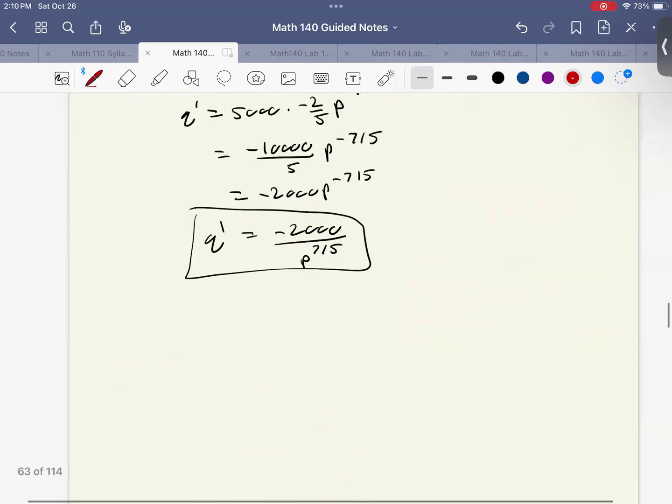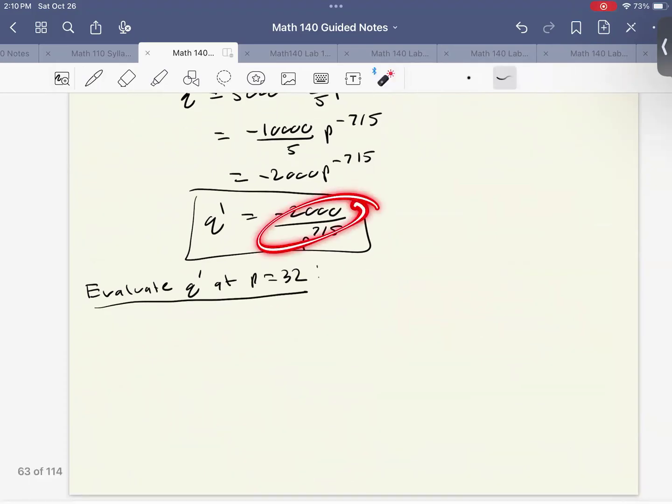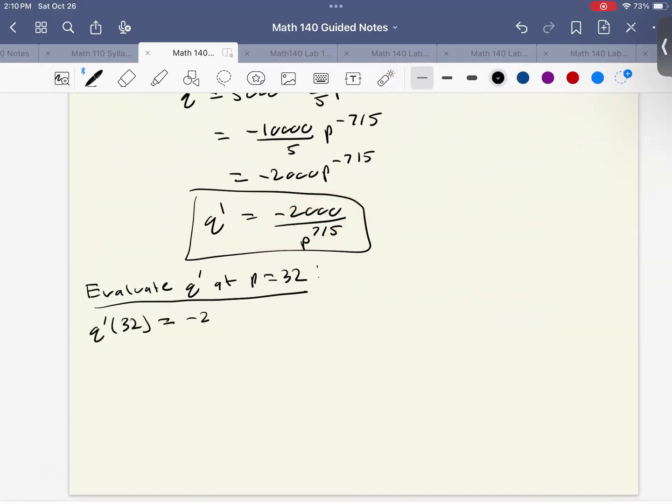So what I'm going to do now is evaluate Q prime at P equals 32. Okay, so I'm going to plug 32 into this guy. So I'll say Q prime of 32 equals negative 2,000 over 32 to the 7/5. Okay, so then 32 to the 7/5, just plug that into your calculator and you should get 128.